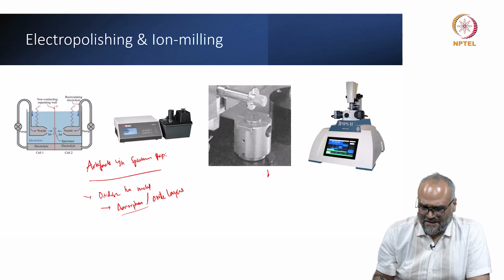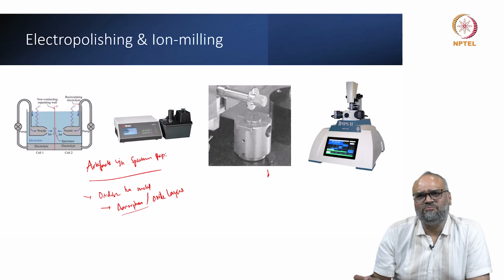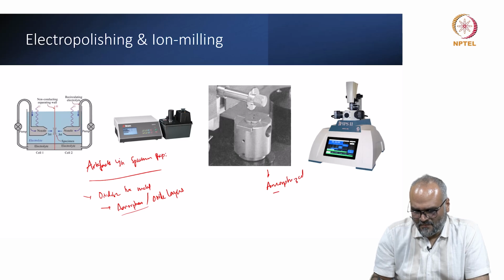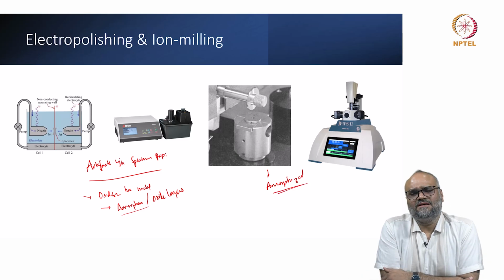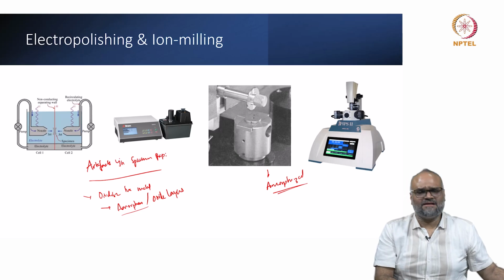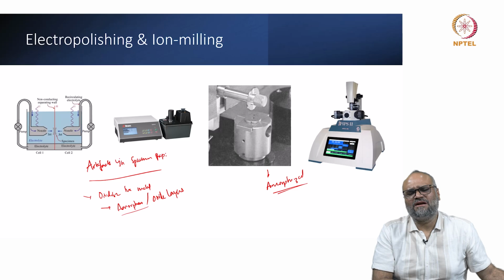And with ion milling, you can always have areas which are strongly impinged by the argon beam, and you can have also amorphized regions here which often may not be the meaningful information you get from a specimen. So please be aware that there can be artifacts during specimen preparation, and be careful in interpreting the data that you get.